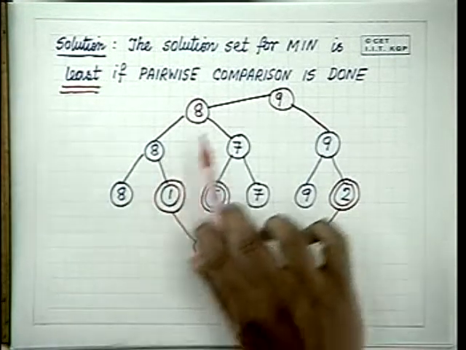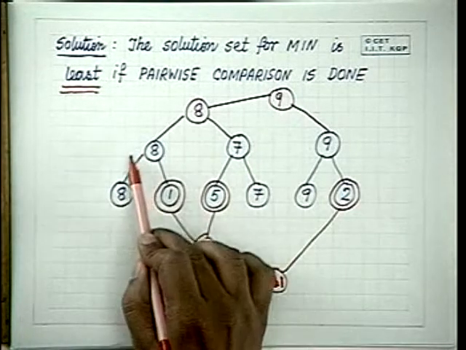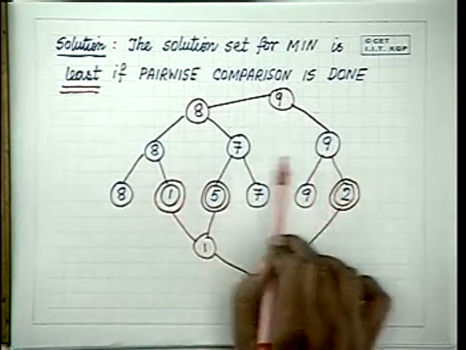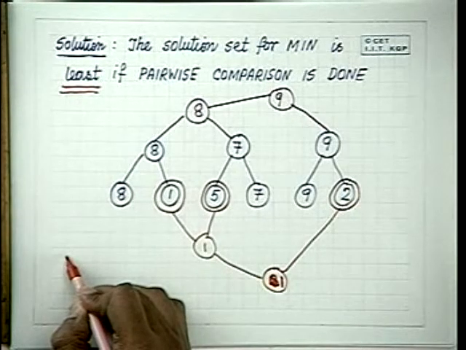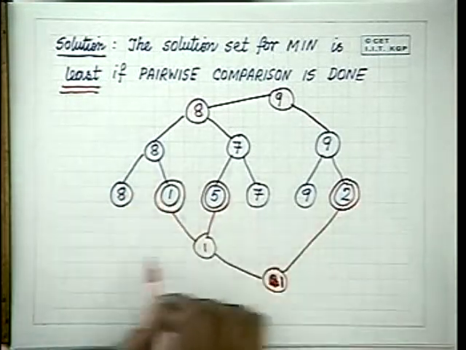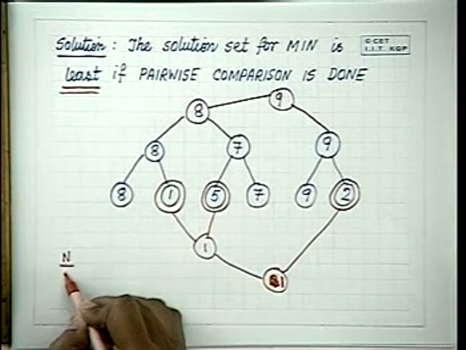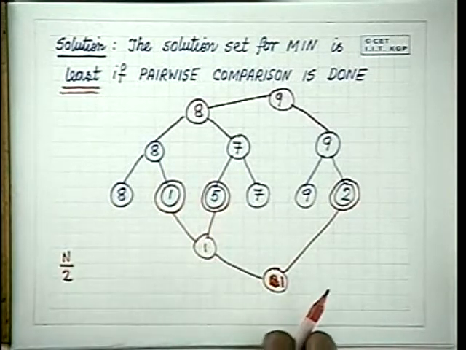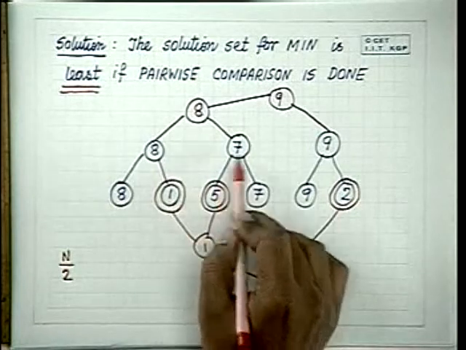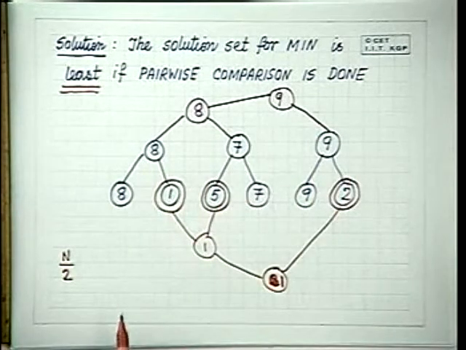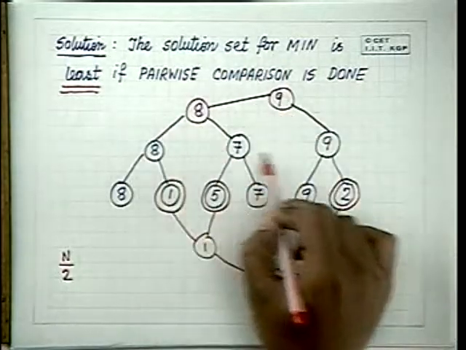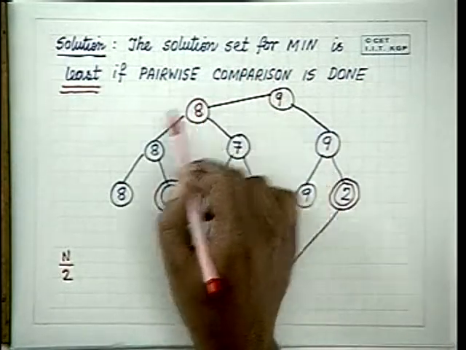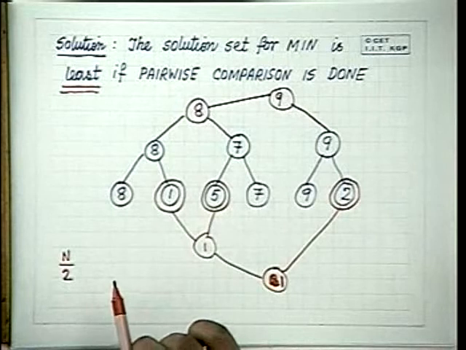And therefore, how many comparisons are you going to make? Here you are going to make, let us say if n is even, then in the first round pairwise we are going to make n by 2 comparisons to declare the first round winners and losers, and then among this we have to declare the winner, that is maximum of n by 2 numbers.